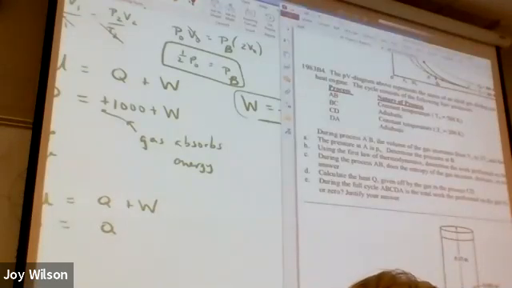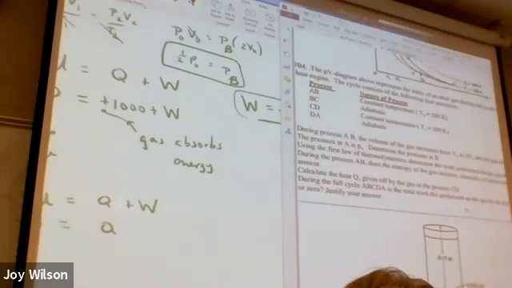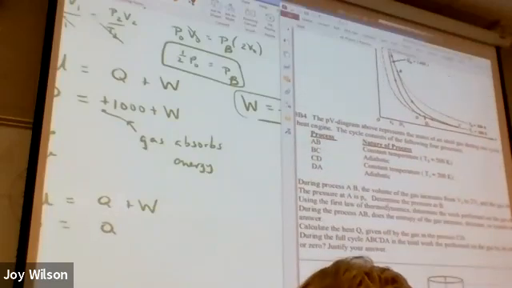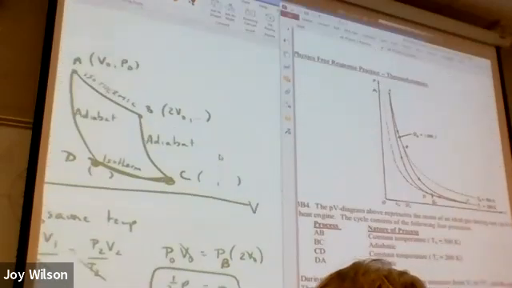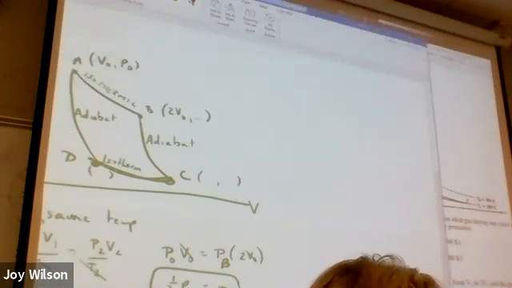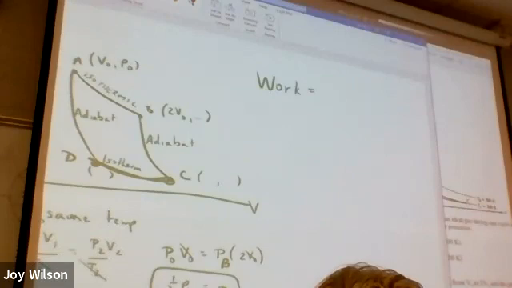During a full cycle, is the total work performed on the gas by its surroundings positive, negative, or 0? Okay, this is an easy one. Is the total work positive, negative, or 0? The work equals area.